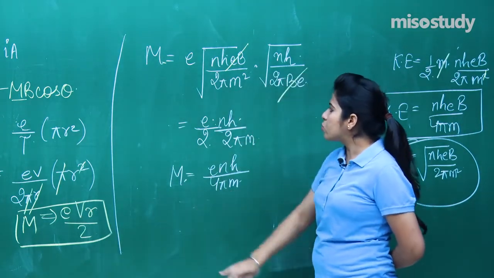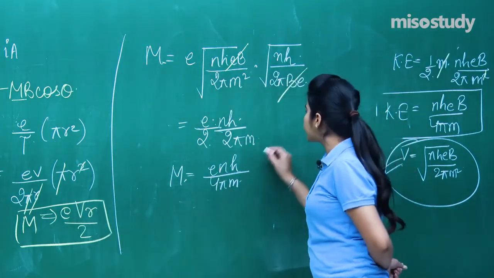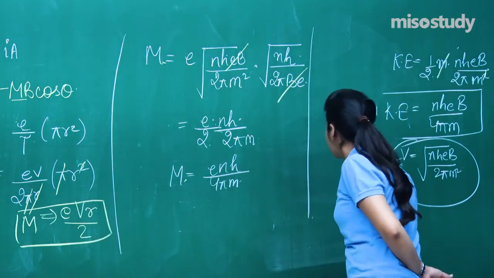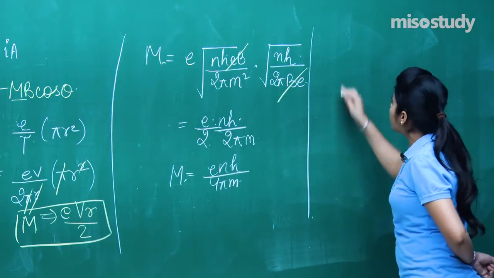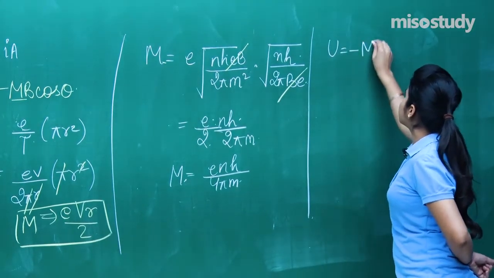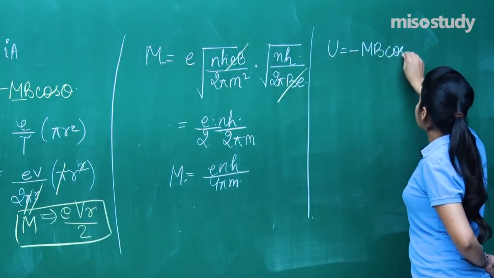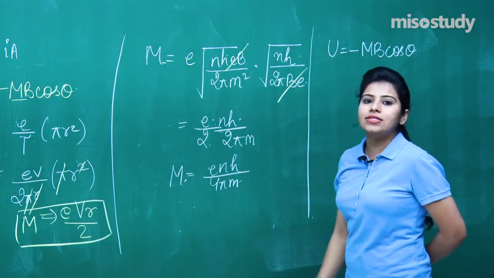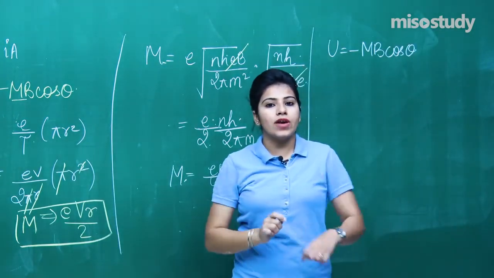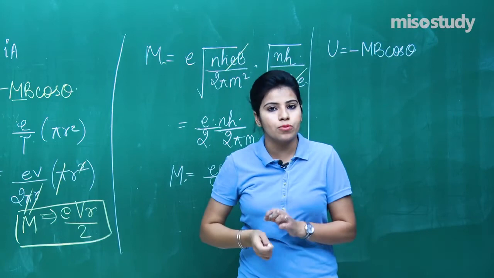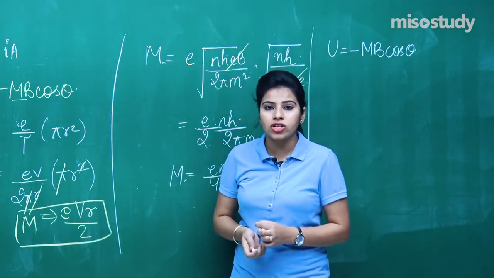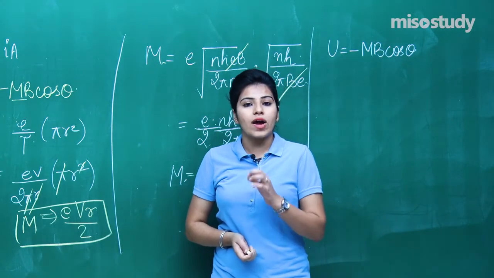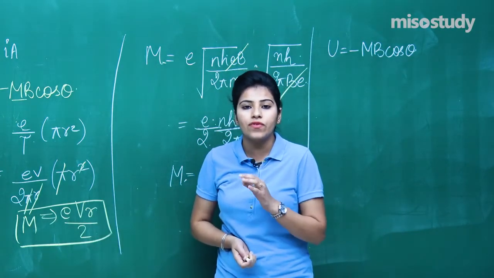Now we just have to put this into the potential energy. What was the formula for potential energy? It was U equals to minus m B cos theta. Now the question arises, what value of theta are we going to put here? Because nothing has been given in the question, we have to find the maximum value of energy.